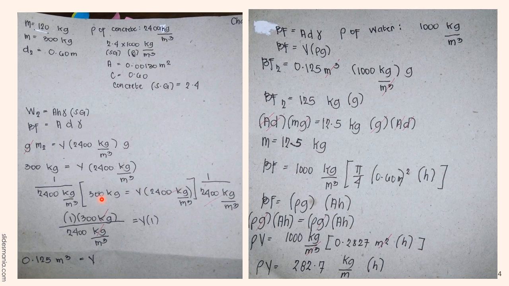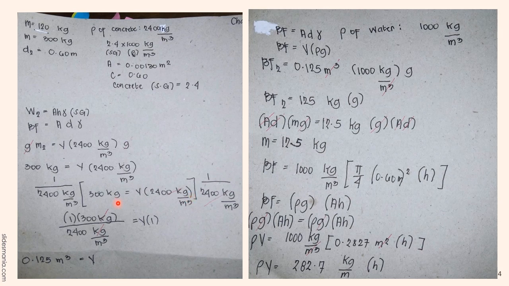Our density is 2,400 kg per cubic meter times the volume and the gravity. So we have 300 kg equals volume 1 times the density, so 300 kg equals V times 2,400 kg per cubic meter.